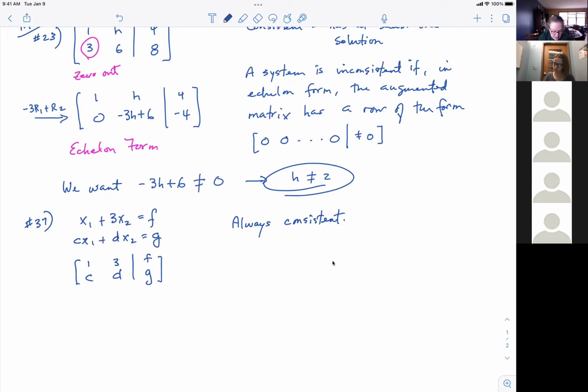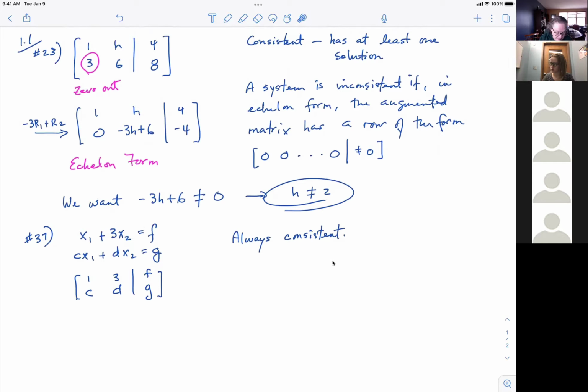It's just like the previous one. We had a 3 there that we wanted to zero out. Same thing here, except it's c that we have to zero out.